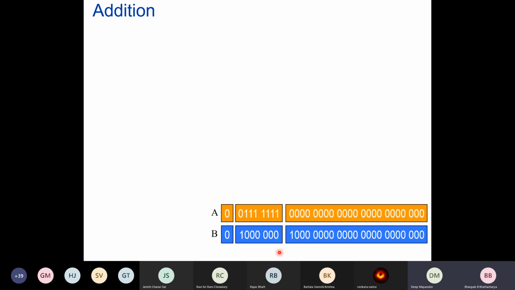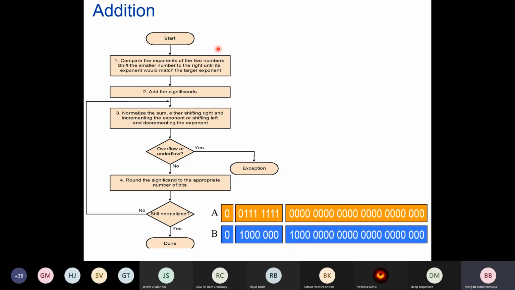So after shifting, what am I going to observe? One thing to remember is that when you are talking about shifting, before shifting you have to restore the hidden bit. Isn't it so?